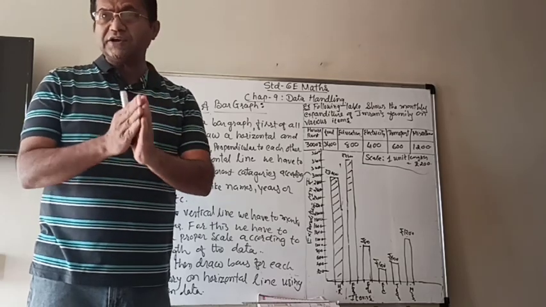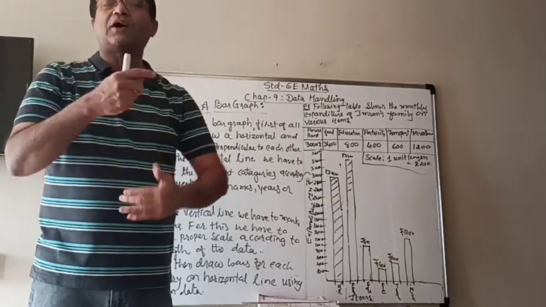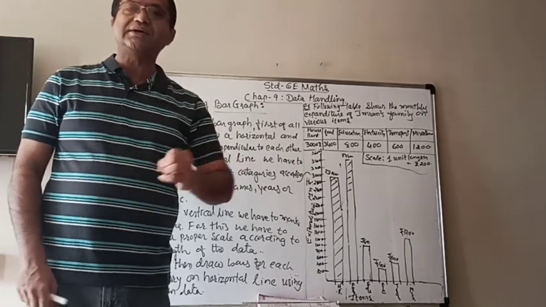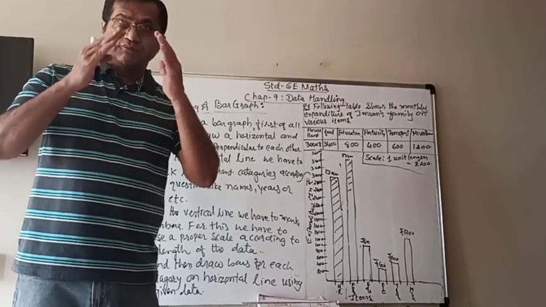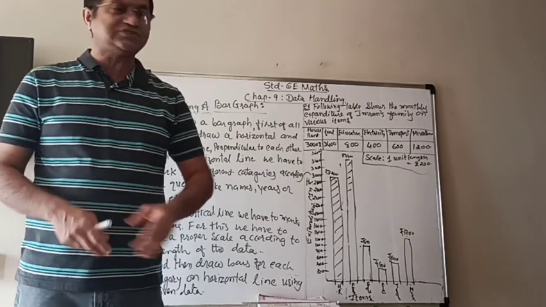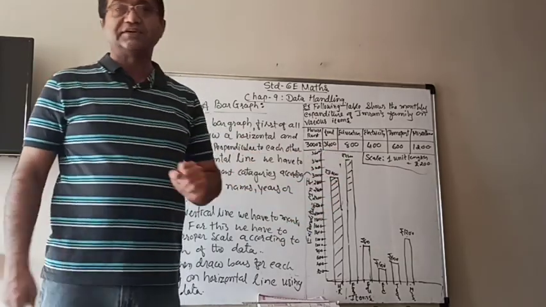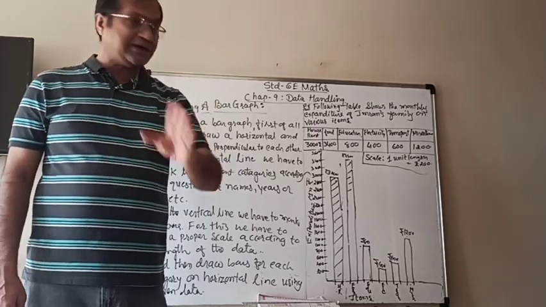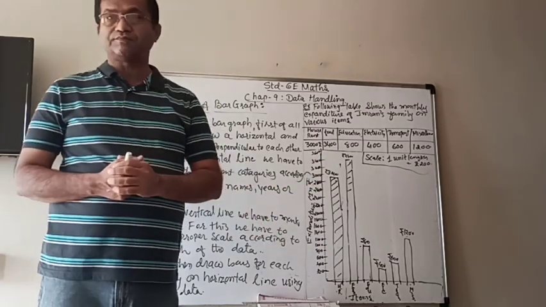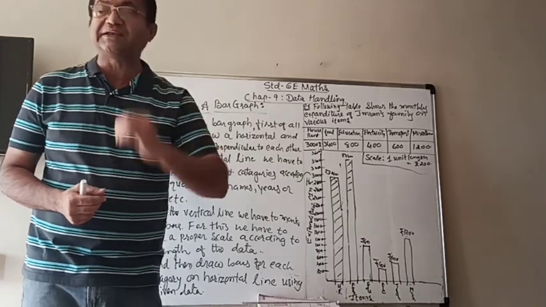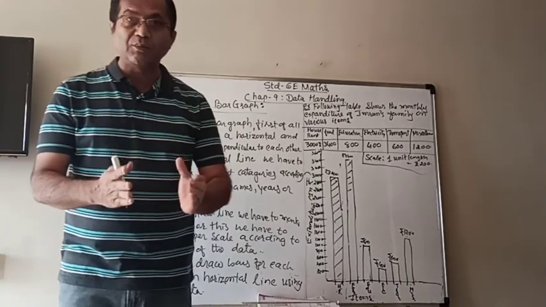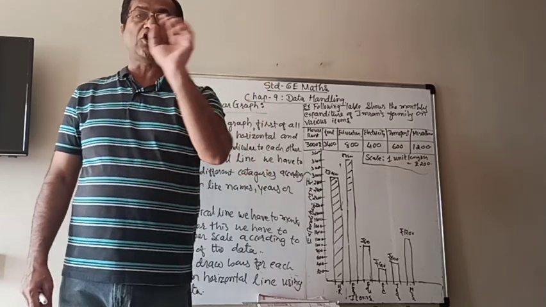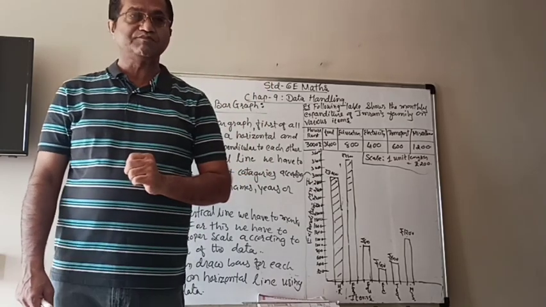So according to the number of blocks in your graph paper, you have to think. First check which is the highest number in your data, and then divide that by the blocks. Then you will get an approximate idea of how much scale you can take for 1 centimeter or 1 unit length.